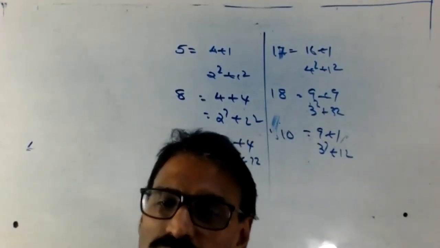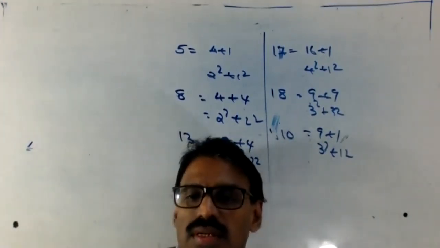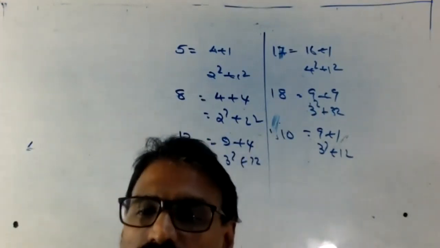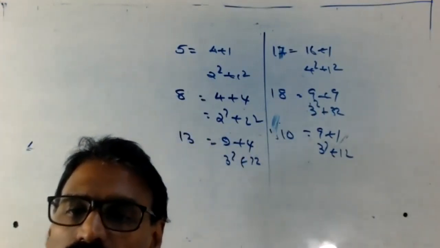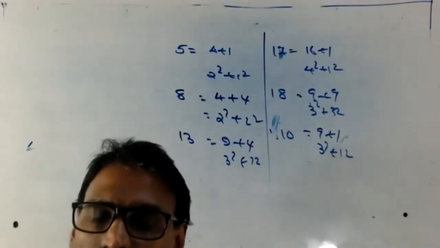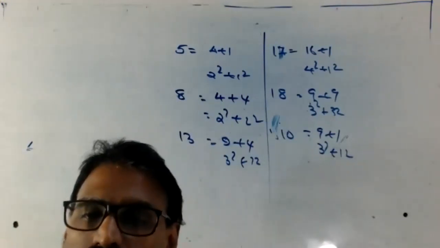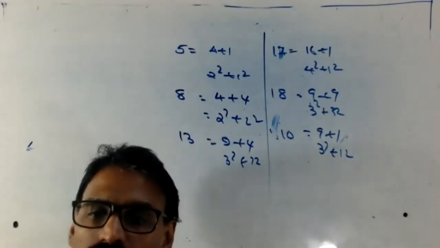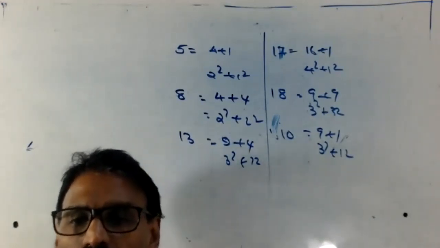No, 9 plus 2, and 2 is not a perfect square. There is a method. How can I draw it horizontally?